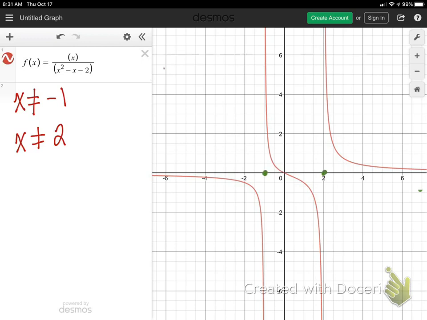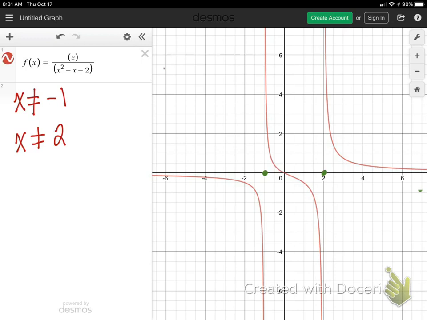What is happening? Say that again. My graph never crosses it. My graph never goes over positive 2. My graph never goes over x equals negative 1. Never, ever, ever. Because if it crossed that, I would have an x value of positive 2, and if I have an x value of positive 2, my function is undefined.